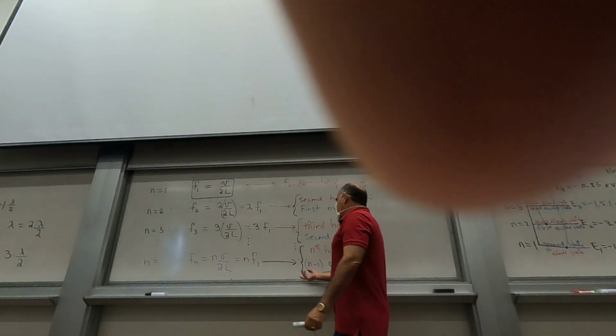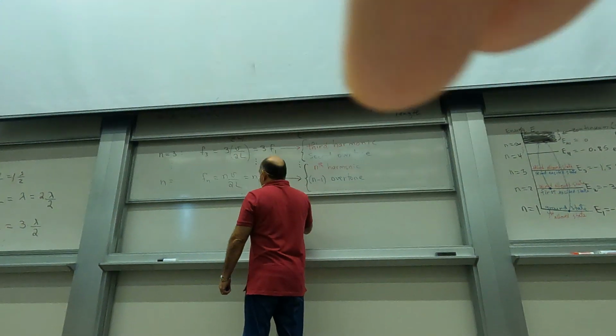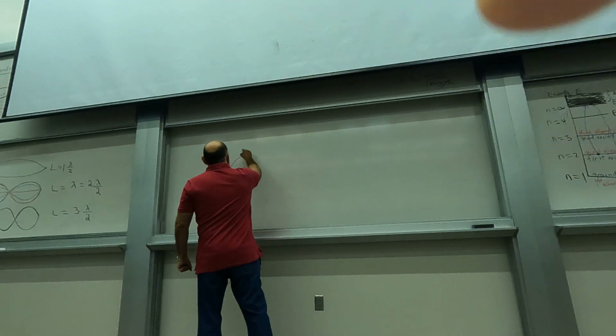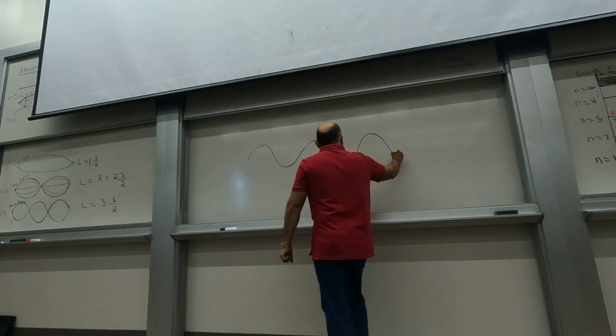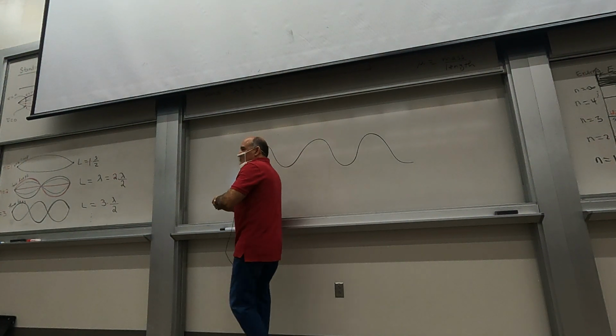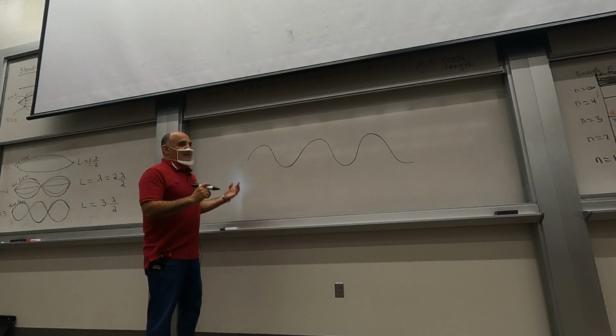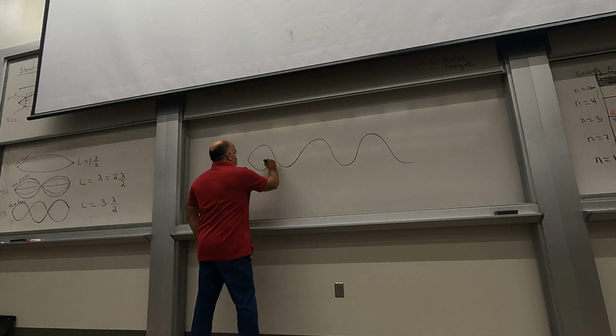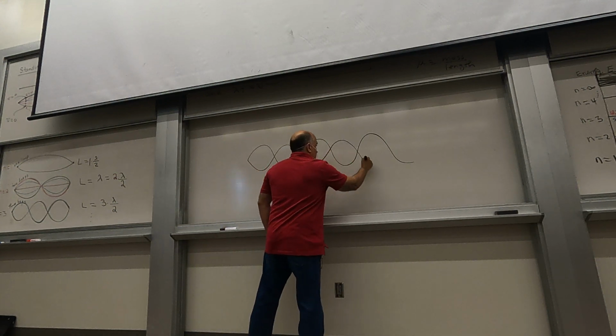So if you have something like this, that's a picture, let's say t is equal to 0, and then half a period later, it's going to look like this. Right?